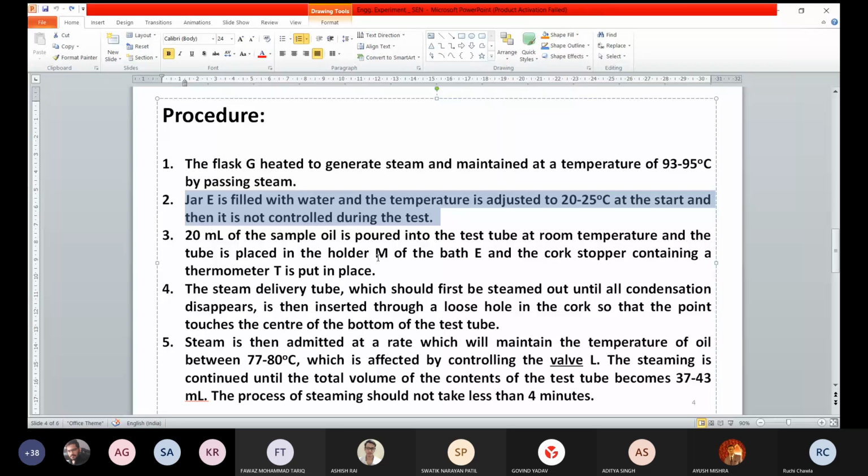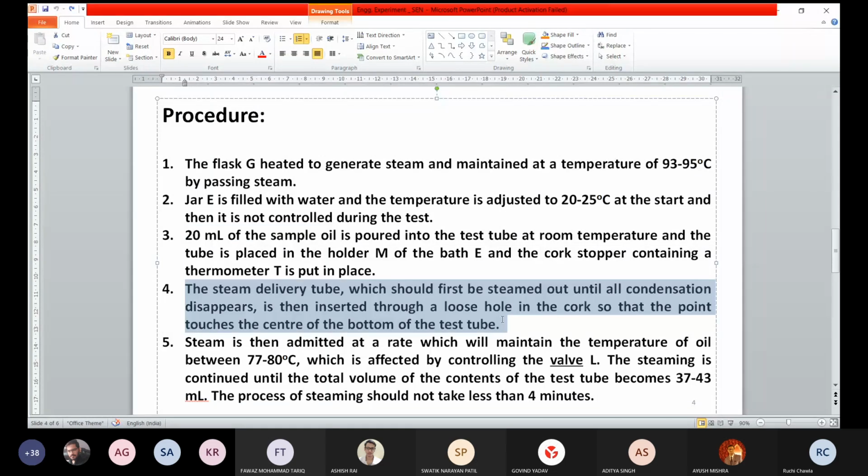Then in the boiling tube, you will take 20 ml of the sample oil and you will place it in the holder. A thermometer has been advised to be used, but you will not be using a thermometer as well. Point number 4 is important, the steam delivery tube.